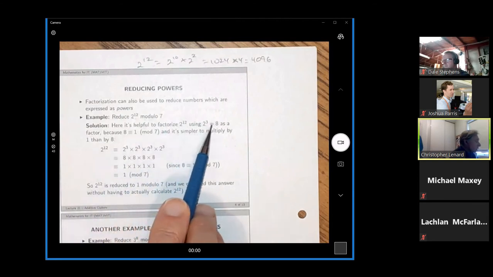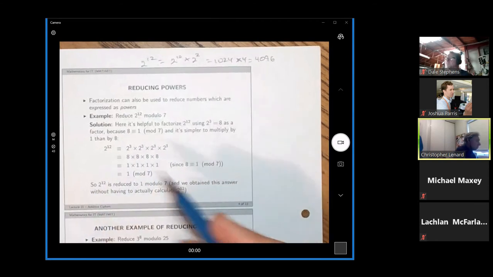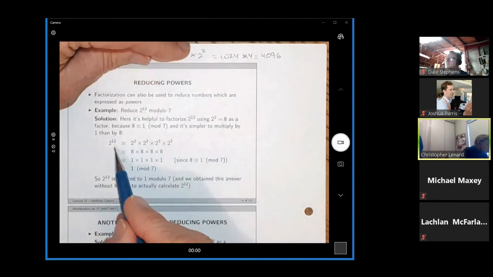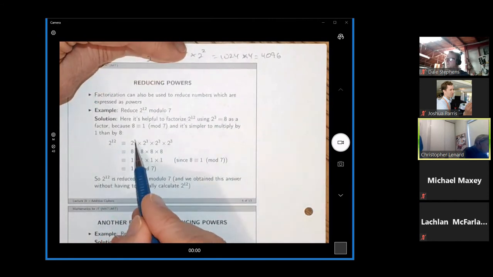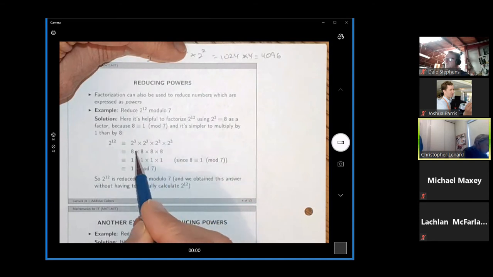And if you realize that 8 is congruent to 1 mod 7, then life becomes really, really easy, because your original number 2 to the 12 is 2 cubed times 2 cubed times 2 cubed times 2 cubed, which is 8 times 8 times 8 times 8.